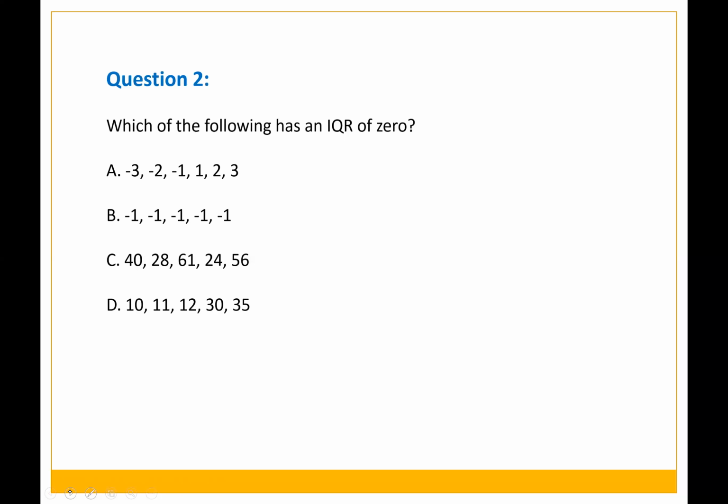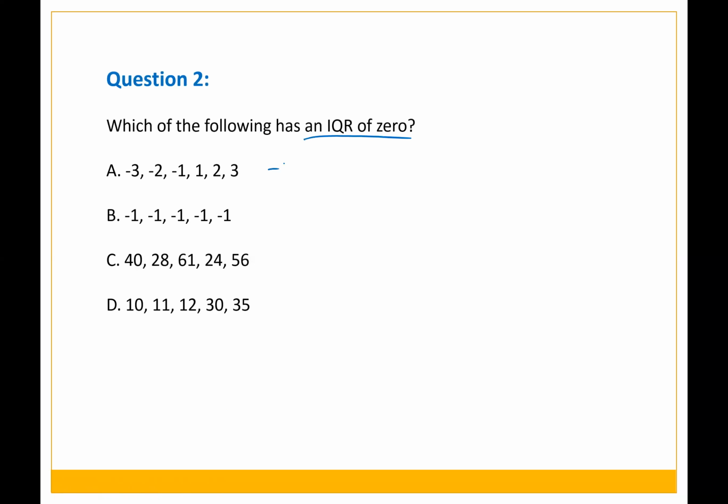Now, question 2. Again, feel free to mute me if you want to work on it alone, and I'm going to just give out the answer here. Which of the following has an IQR of 0? Before we find the IQR, we have to put them in order first.